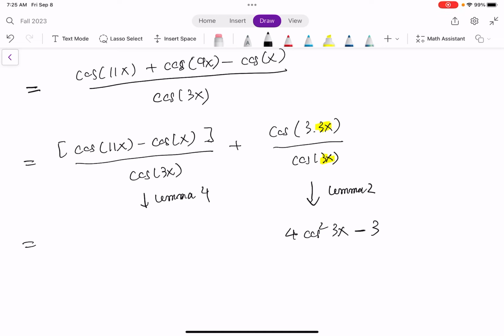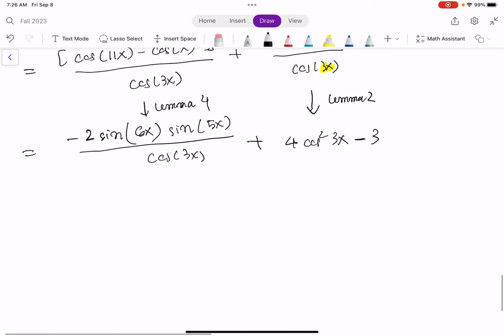You will get negative 2 sine of the sum divided by 2. So 11 plus 1 is 12. 12 divided by 2 is 6x. And then you get the subtraction divided by 2. So 11 minus 1 is 10. 10 divided by 2 is 5x. Over cosine of 3x.